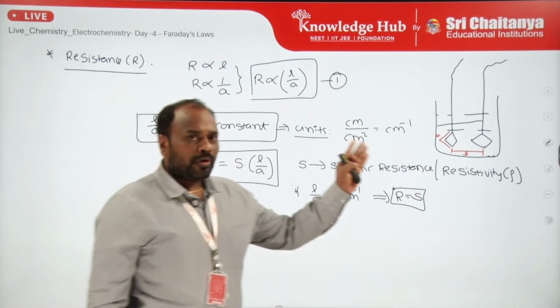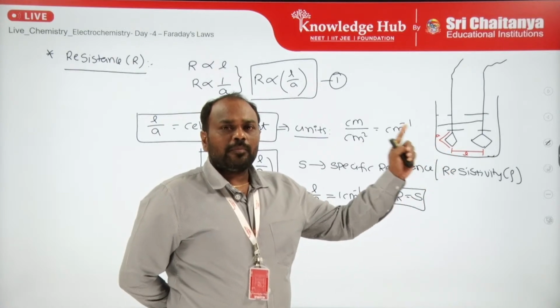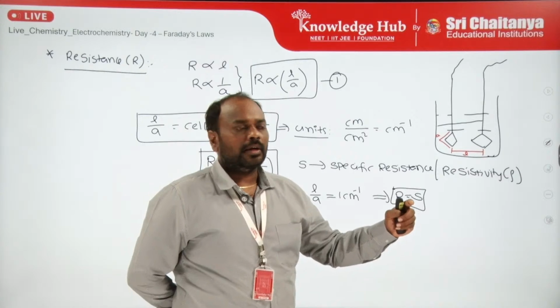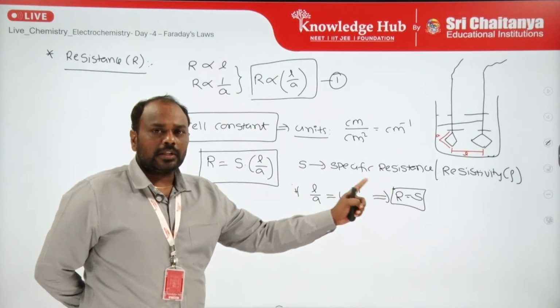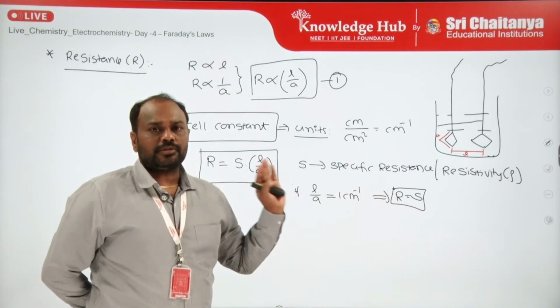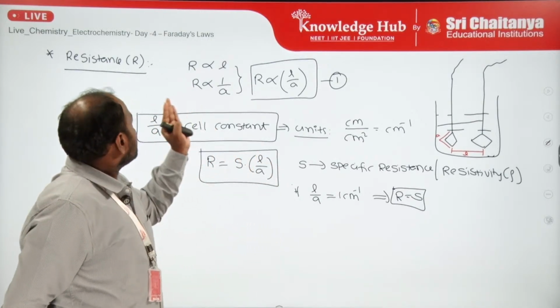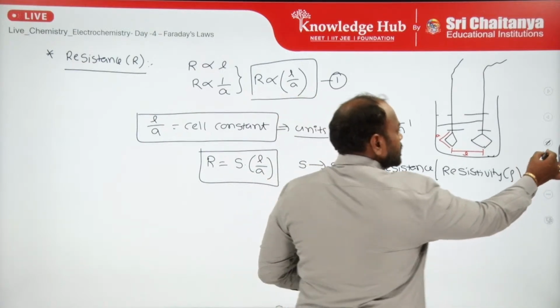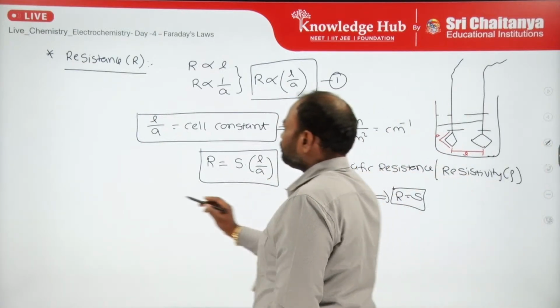Okay, in an electrolytic cell, two electrodes are differed by 1 centimeter distance and area of cross section is 1 centimeter square. Then resistance of the cell is also known as the specific resistance. Okay, so by using resistance we can define the conductance. See the conductance.